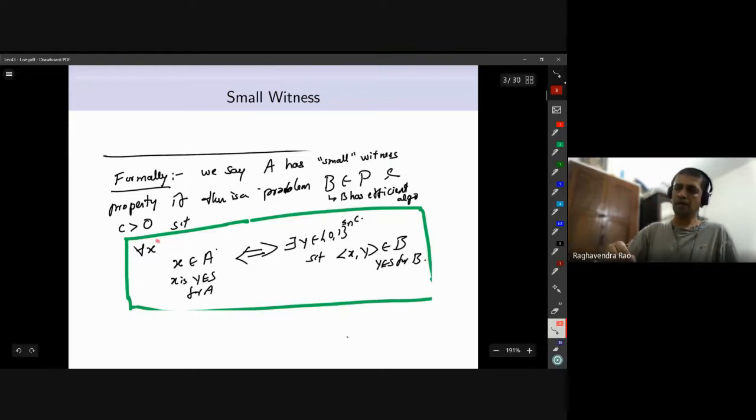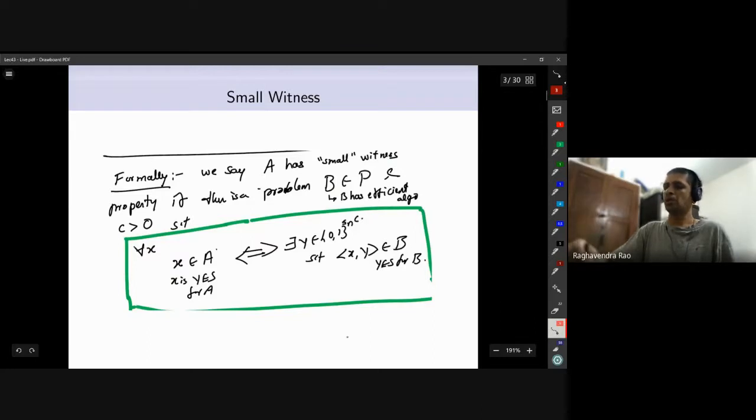Such that for all x, x is in A, that is, x is a yes instance for A, remember we are only considering decision problems now, if and only if there is some string y of length at most n to the c, so the constant is quantified in the definition itself. There must be a constant based on A, and the constant depends on A as well as probably B, such that x comma y is in B.